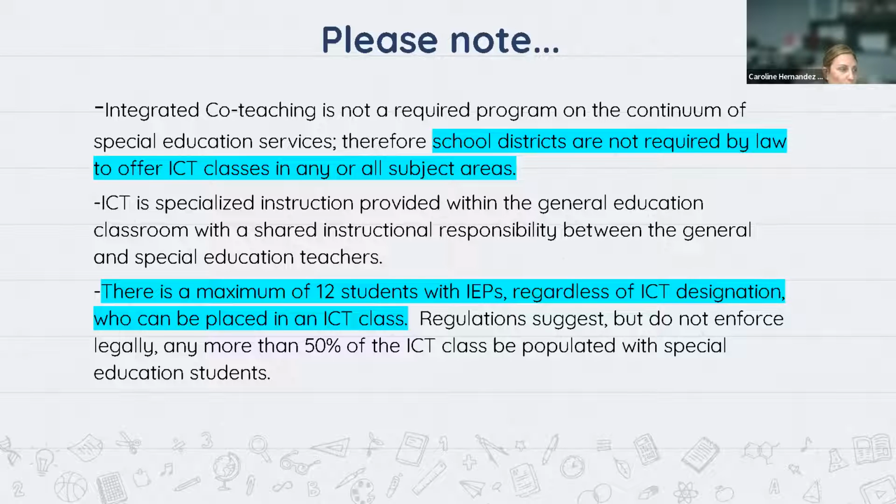However, there have been situations, Millbrook is very tiny, where there have been just over 50% because there may not have been enough general education students who needed to take the particular course to populate the general education side of it.